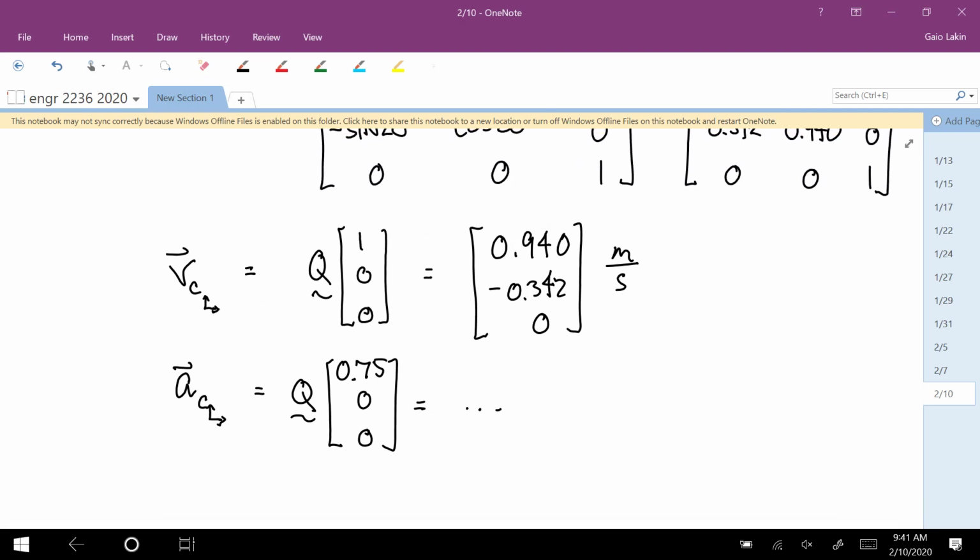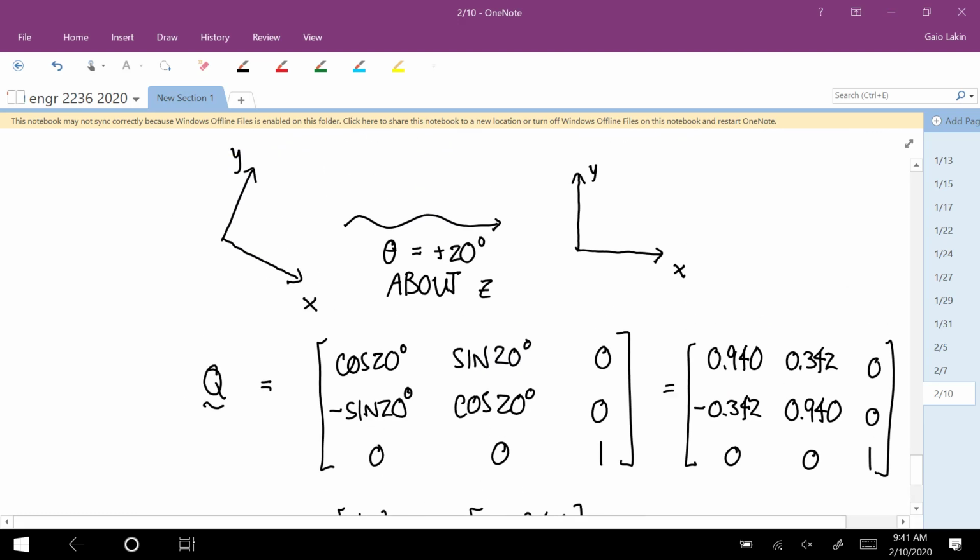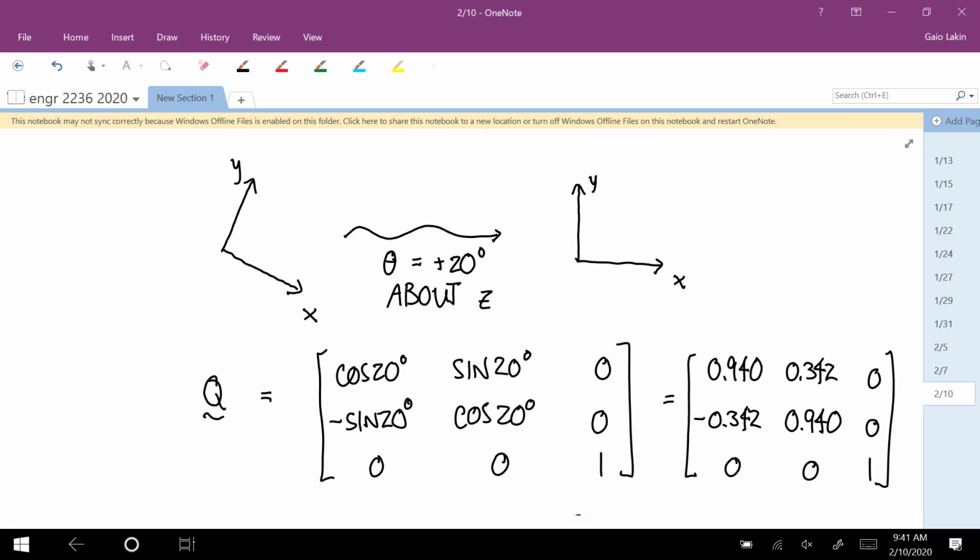It's positive 20. 340 is negative 20. And if that didn't work, check and see if your calculator's in radians. What's important there is that you go from the coordinate system that you have the vectors in to the coordinate system you want. And if you do it the other way, from the one you want to the one where you have the vectors, everything goes backwards.